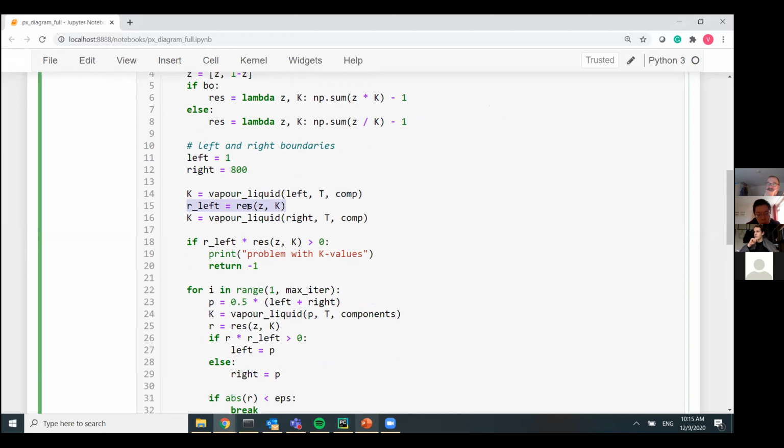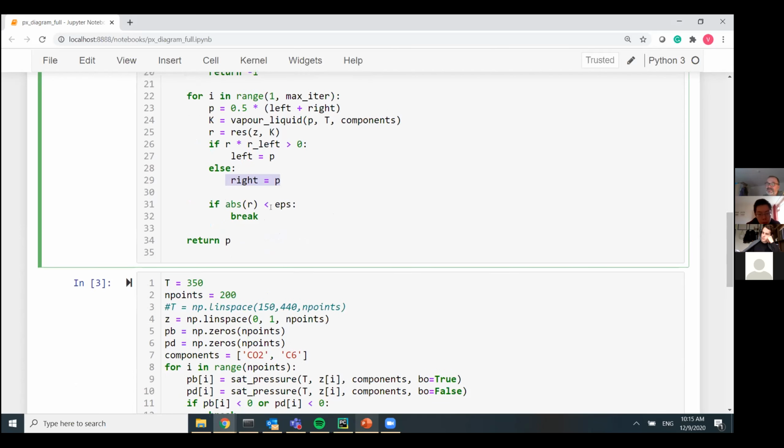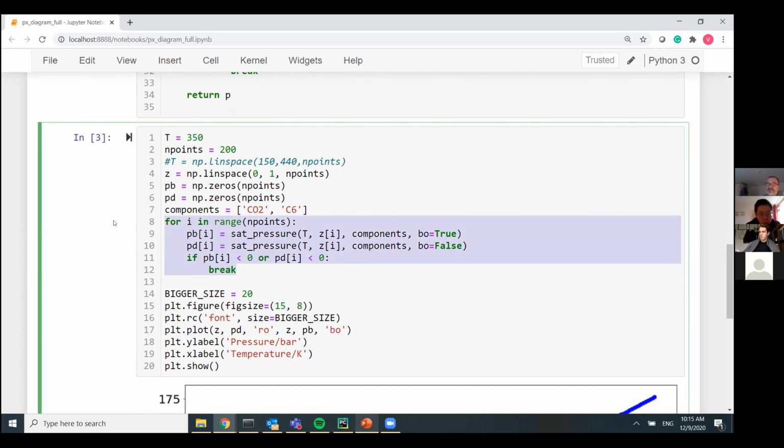Then you did it right, but with the wrong function. You multiply R by R left and you compare. If it's bigger than 0, you're moving left guy. If it's less than 0, right guy, and check this. And then in the end, you just fill this PBI and PDI.